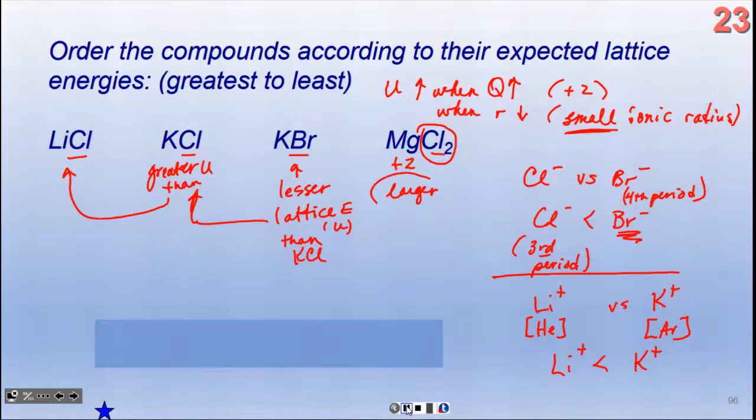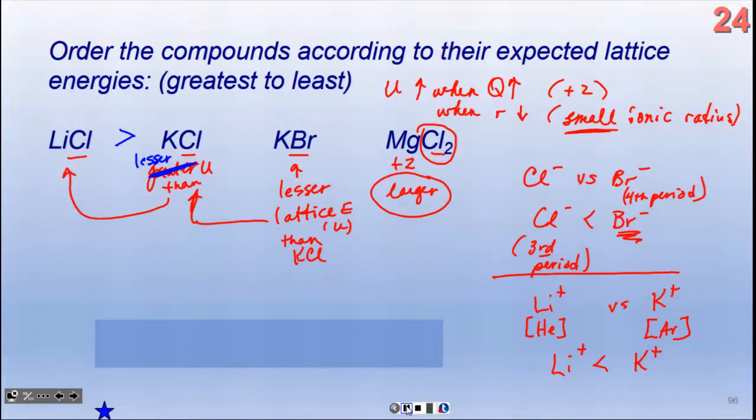So where was the greatest one? This one's going to be large because it's got the +2 cation. And I said that backwards, sorry. The potassium has a larger radius, and so that means it has a lesser value of the lattice energy than lithium. So potassium will be less than lithium.